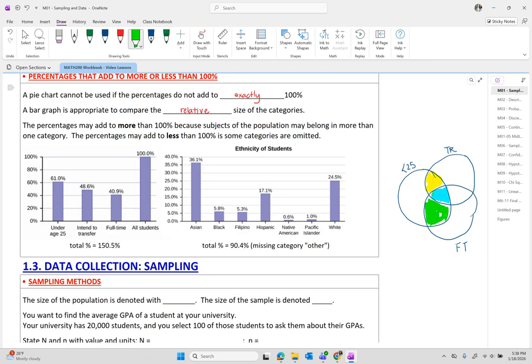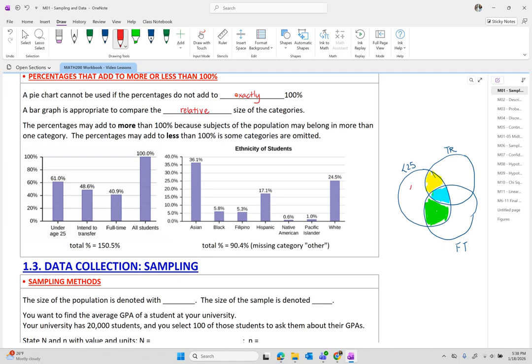So of the 61% younger than 25 students, and of the 48.6% intending to transfer, and of the 40.9% full-time students, some of these students have fallen into multiple categories and they were double counted. So each bubble totals to that 61%, 48.6%, and 40.9%, but not every individual area.